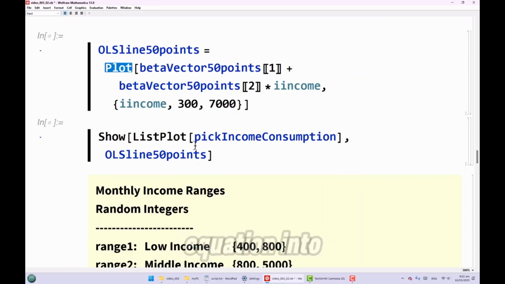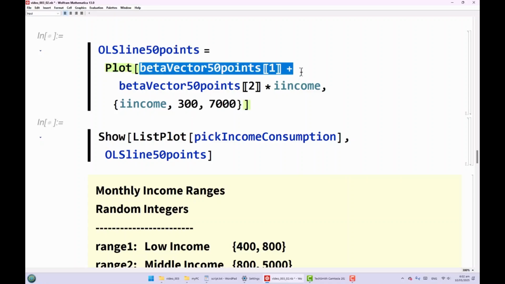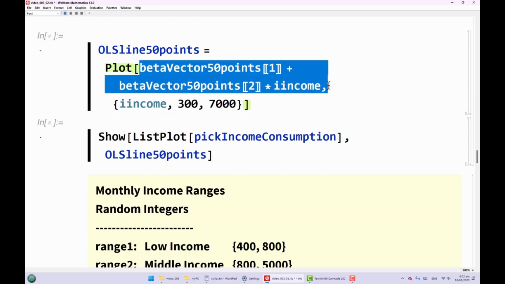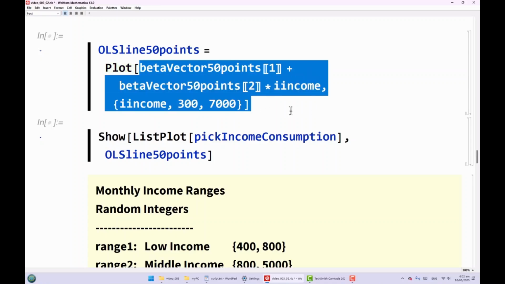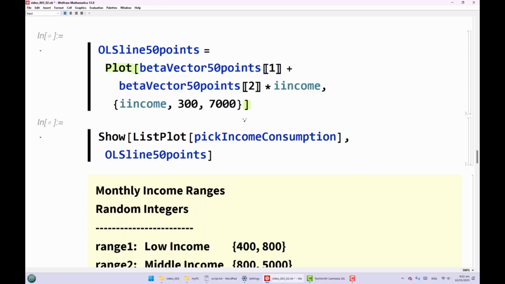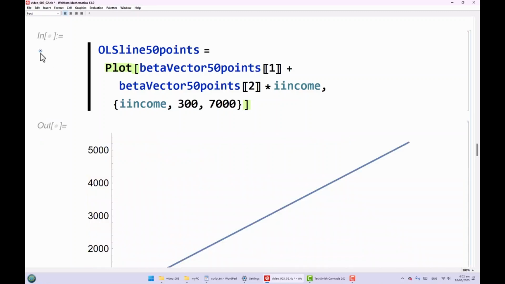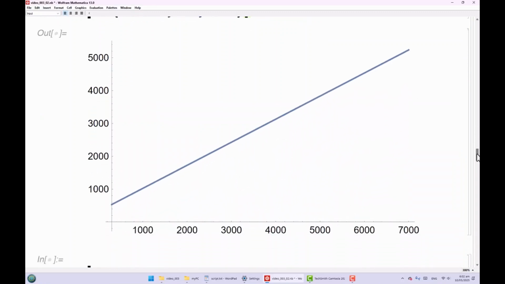Let's convert the regression equation into picture. Plot of the regression line.